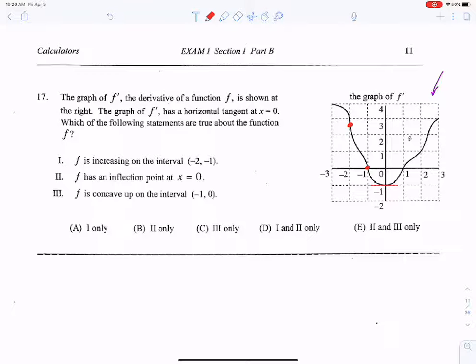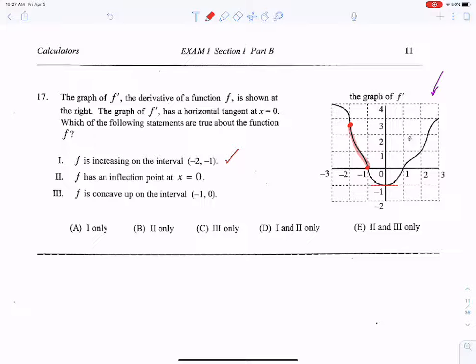And the reason being is the derivative is positive at that point, right? Because this represents the derivative function and the graph lies above the x-axis. The derivative has to be positive, so it is increasing on that interval. This is true. Okay? So that is true.